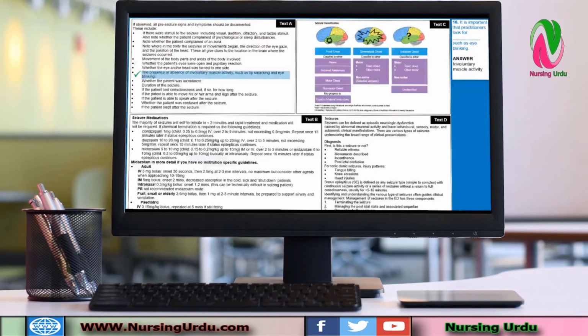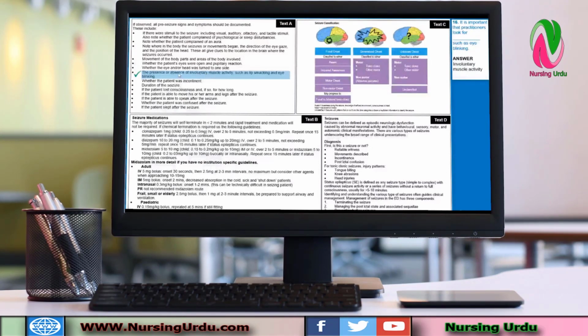Sixteen: it is important that practitioners look for involuntary muscle activity such as eye blinking. So important, look for, and eye blinking would be the things I would be looking for, and that's quite easy to find here in text A. So basically eye blinking there, we've got examples such as lip smacking and eye blinking.